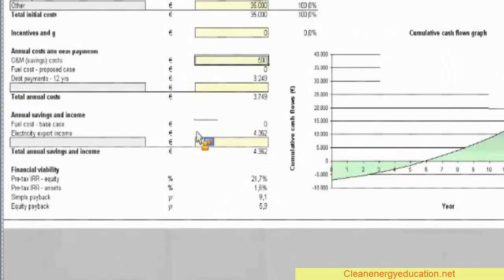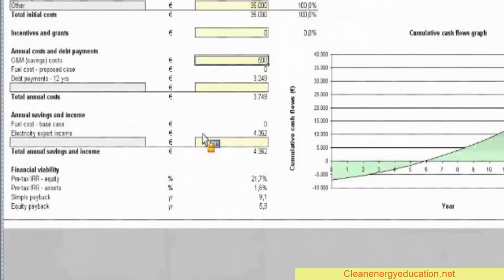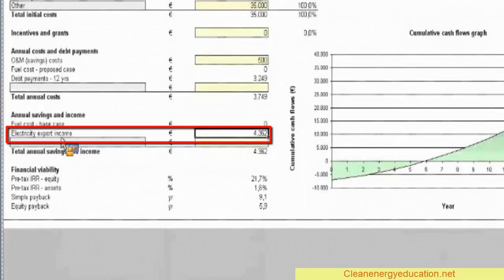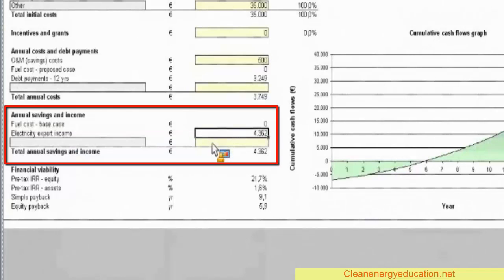Then based on this, and based on the prices we have indicated previously for the electricity production, we have this electricity export income, which is 4,000 euros annually, slightly more.